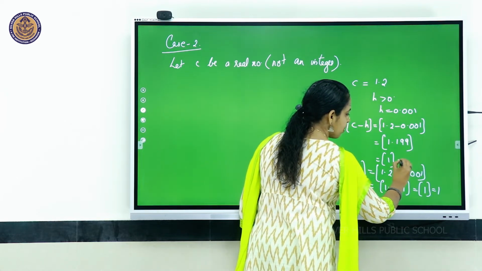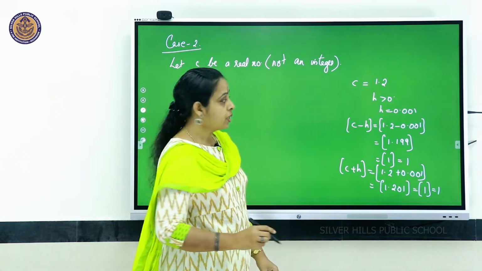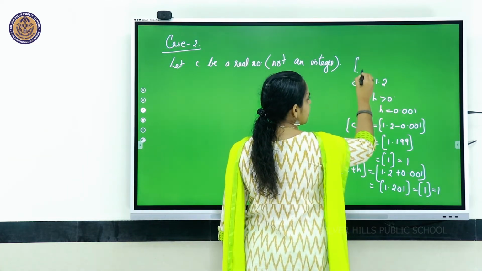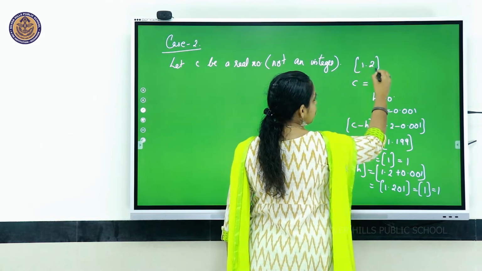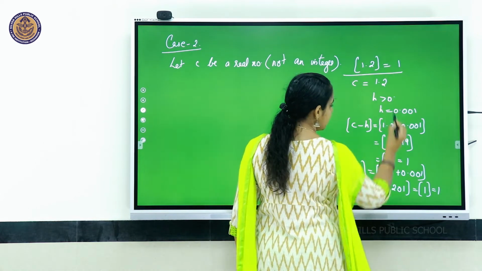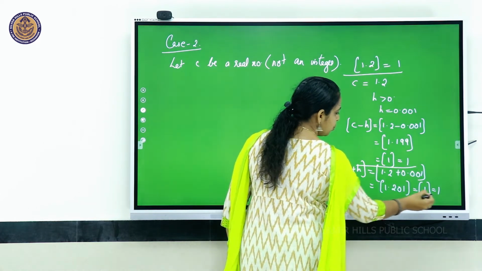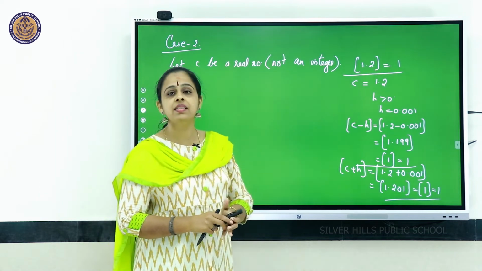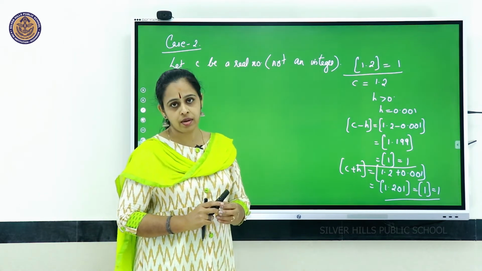Again it is 1 itself. When we take box of c, meaning box of 1.2, that also is 1. Here we can see the underlined 1, here 2, 3. In all 3 places it is the unique value 1.